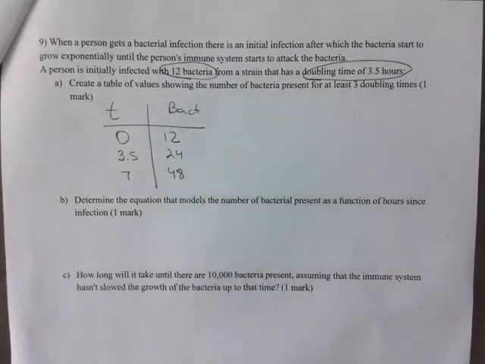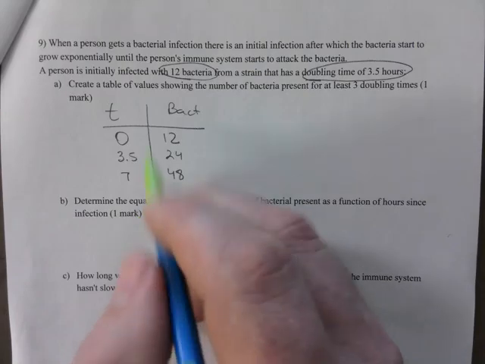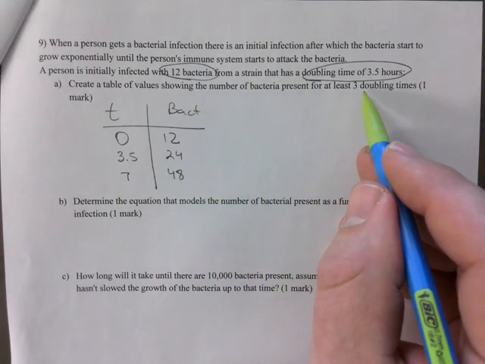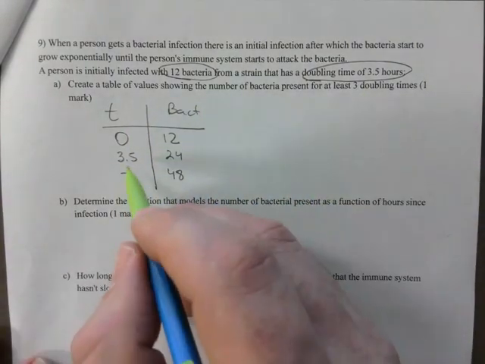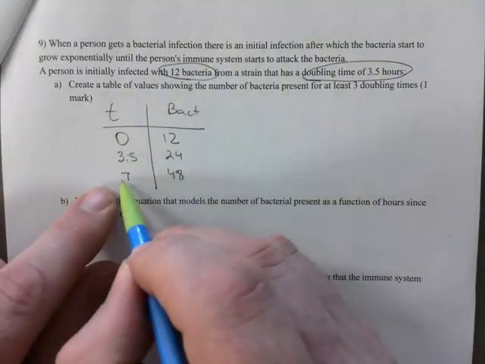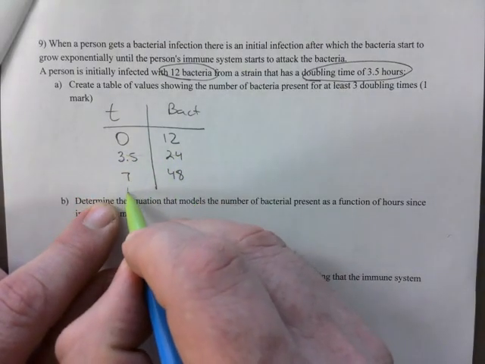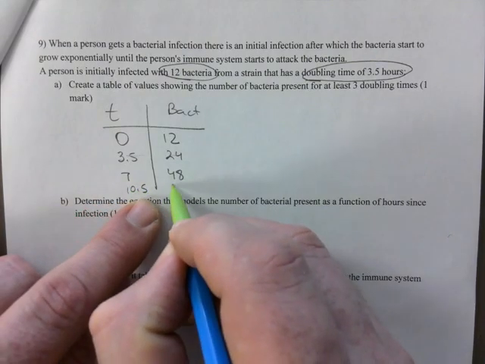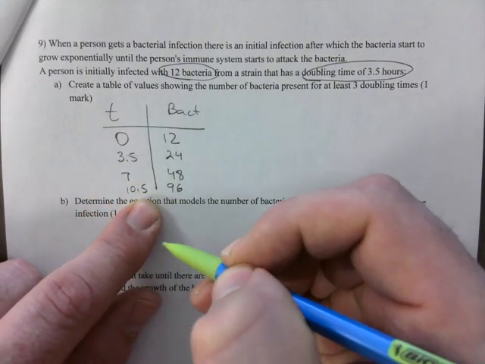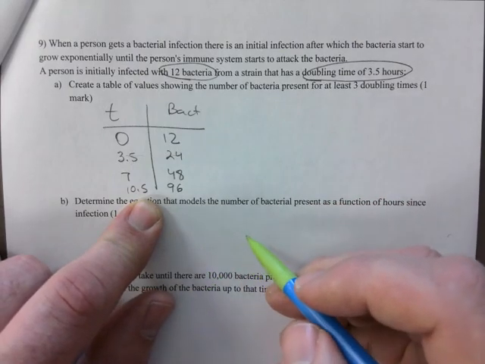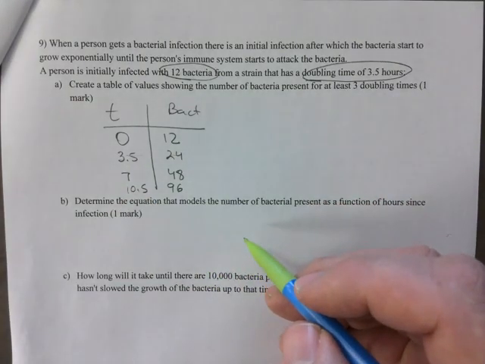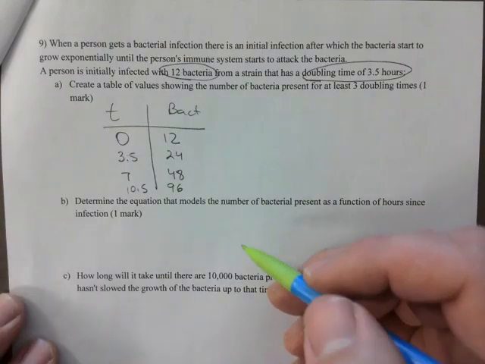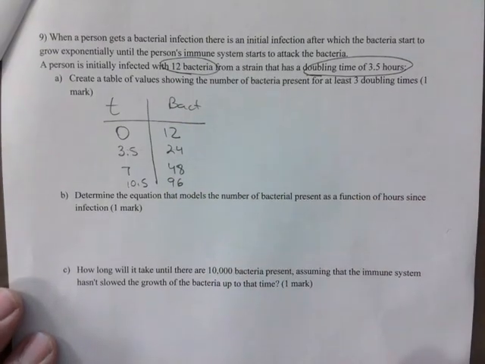You can stop at that point. Create a table of values, at least 3 doublings. Okay, fine. So this is one, right? 1 doubling, 2 doublings, 10.5, and this would be 96. I'm not going to take marks off. I mean, you should have followed the instructions, but this is what you get a mark for having.